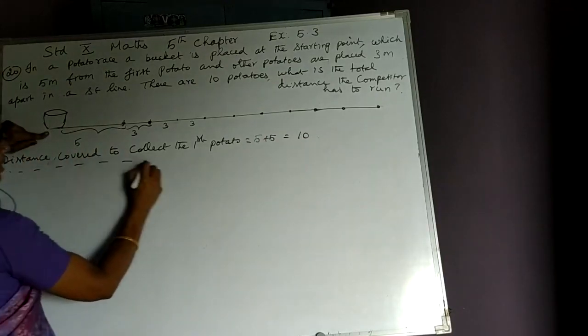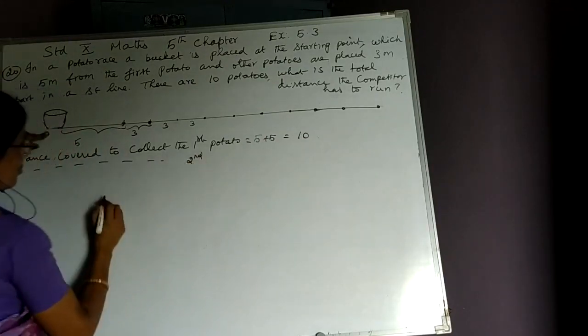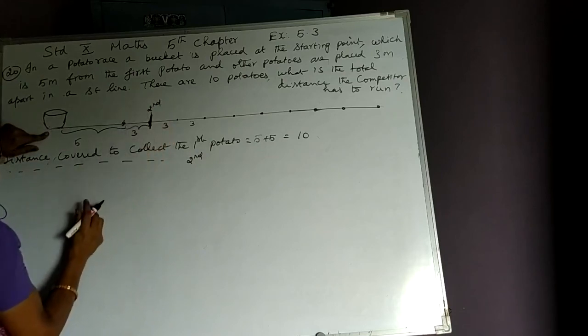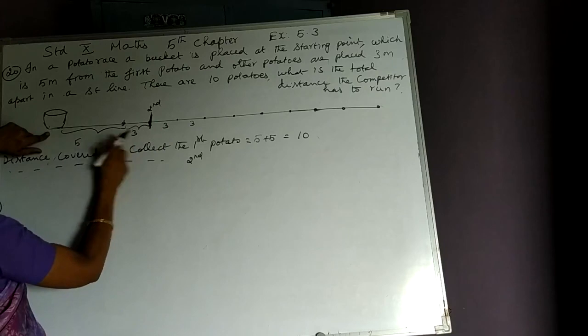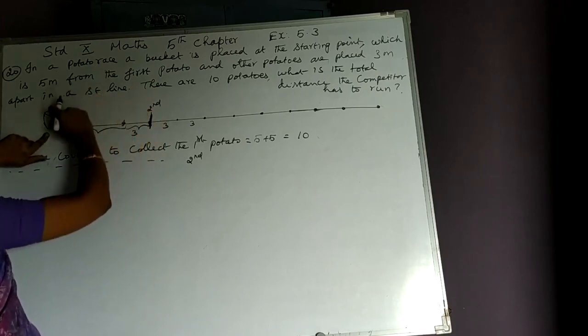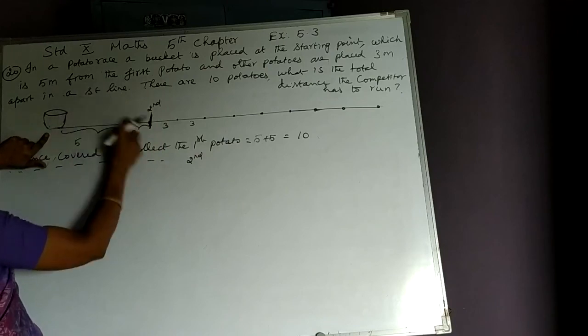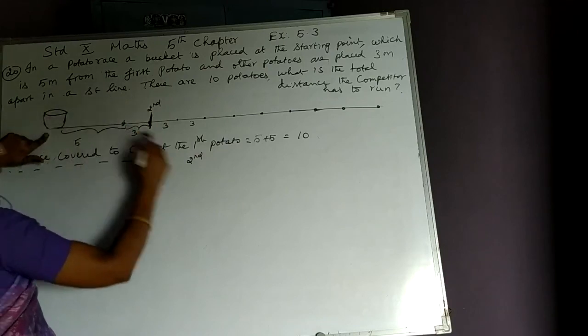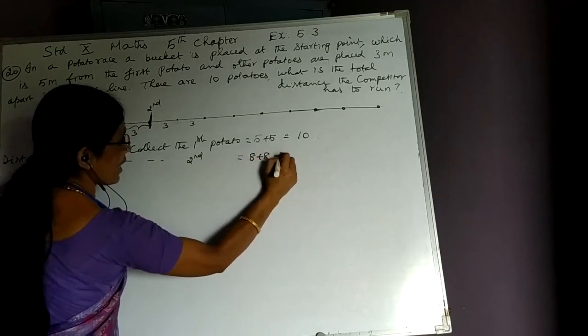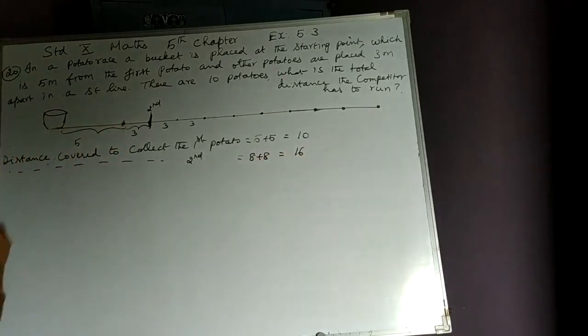Now distance covered to collect the second potato. The second potato is here. This is the second potato. So 5 plus 3 meters towards the second potato. To put it in the bucket, again 8 meters, 3 plus 5, 8 meters. So what is the total distance the competitor runs? 8 plus 8, which is equal to 16.